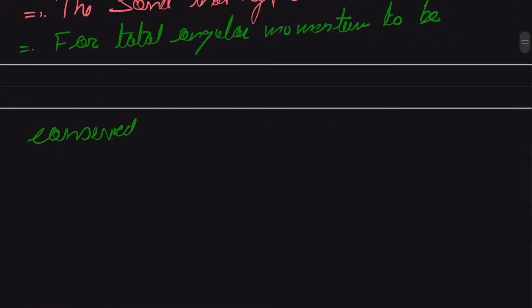Therefore, from here we can say that our change in angular momentum should be equal to minus dm a square omega a.